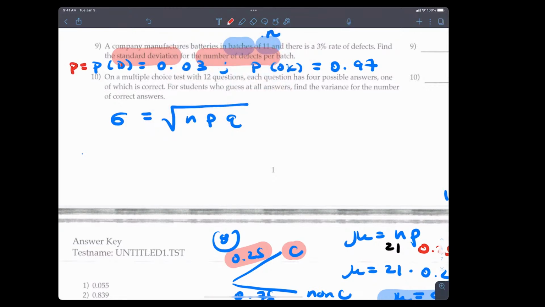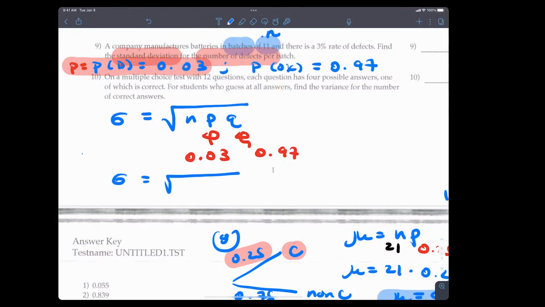That means this is little p, the probability of a success for a single trial. So P is 0.03, and then the complement is 0.97. Okay, standard deviation, sample size N, that's 11. 11 times 0.03 times 0.97. So we can get the standard deviation in the TI now.